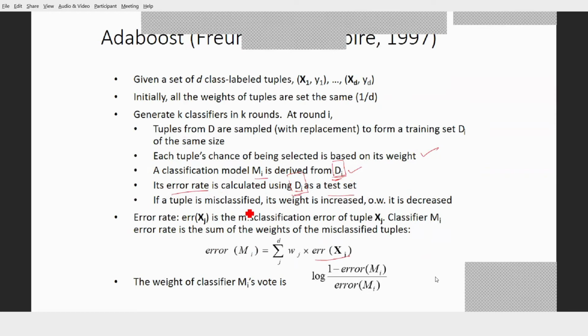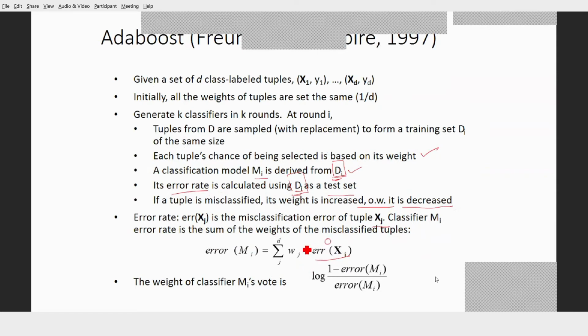If a tuple is misclassified, its weight is increased, otherwise it is decreased. The error rate of Mi is the sum of the weights of the misclassified tuples, where err(Xj) is the misclassification error of tuple Xj. If there is an error, this becomes 1; if the error is not there, then this becomes 0.